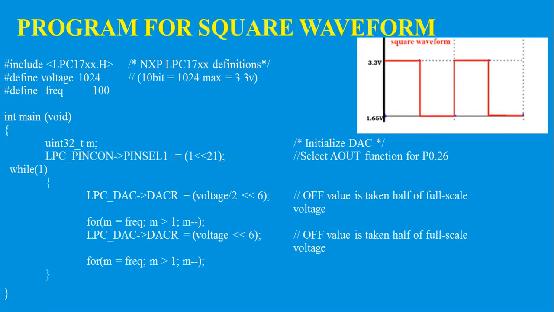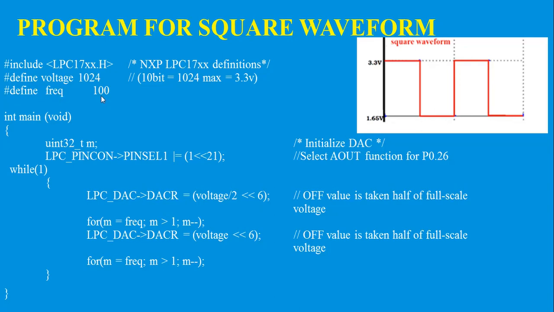Similarly, let us look into the program to generate a square waveform. Here we have included a header file, and the maximum value of the voltage, a global constant voltage, is declared as 1024, because we are using a 10-bit DAC register, so 2 power 10 is 1024. We define another global constant named frequency equal to 100.